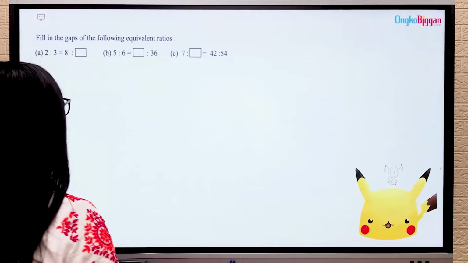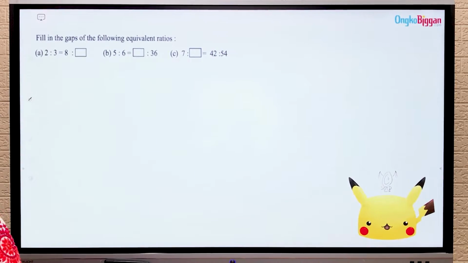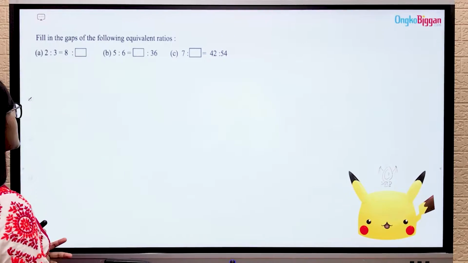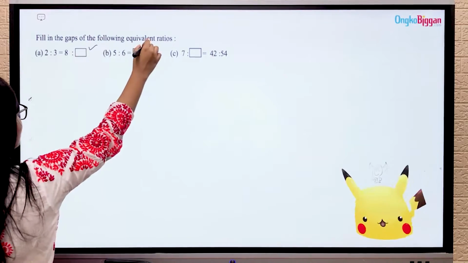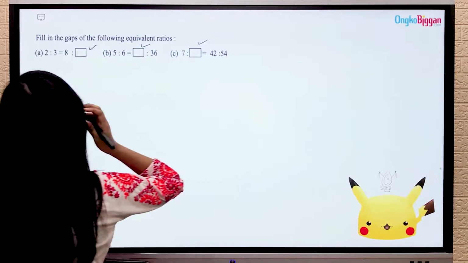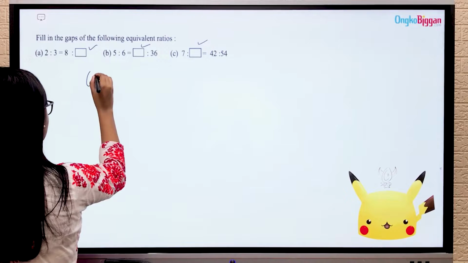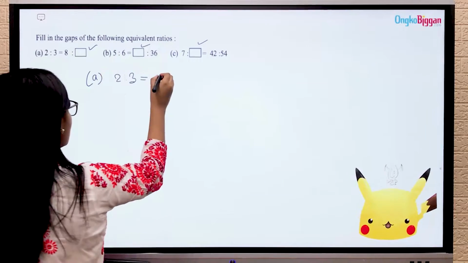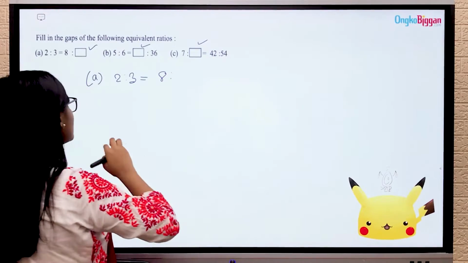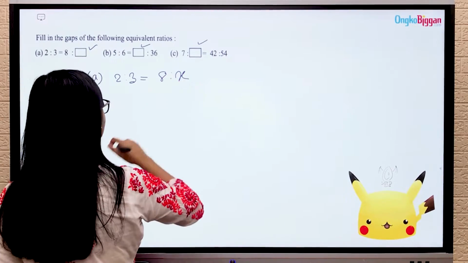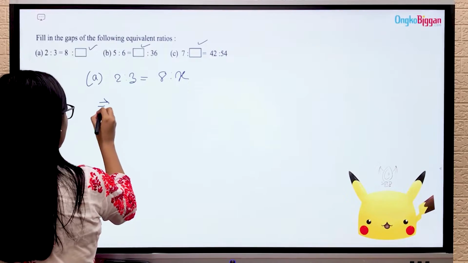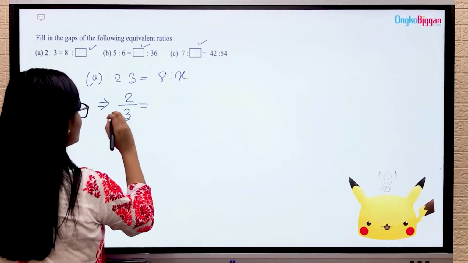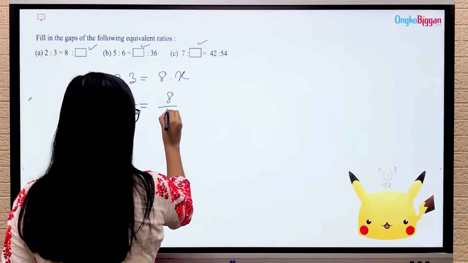Moving forward, fill in the gaps of the following equivalent ratios. Here we need to fill up these gaps. Let's take number A. 2 is to 3 equal to 8 is to something. Let's call the box x. In the next line we can write 2 by 3 equal to 8 by x.